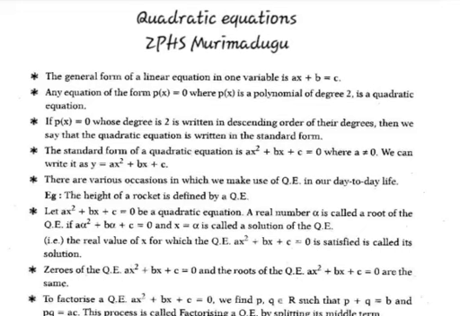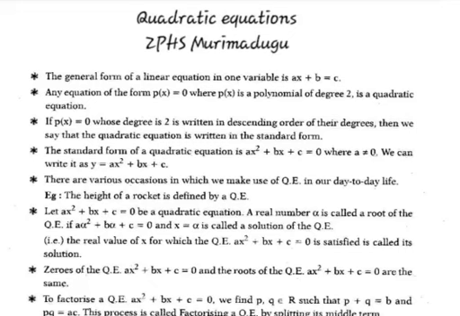And if p of x equal to 0, where degree is 2, is written in descending order of their degrees, then we say that the quadratic equation is written in the standard form, that is ax square plus bx plus c equal to 0, where a is not equal to 0.